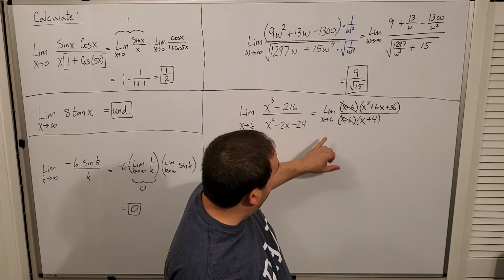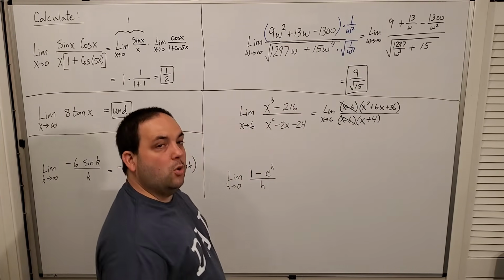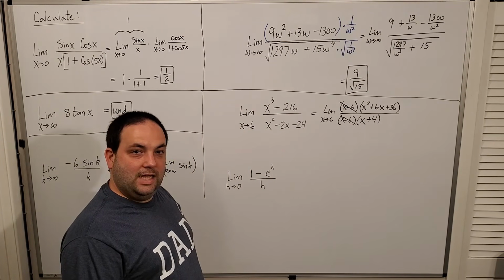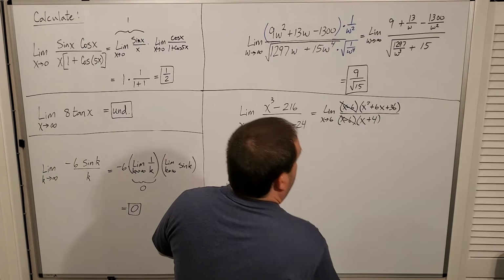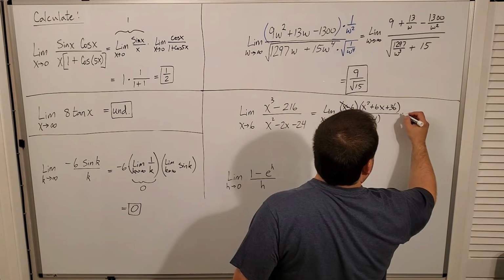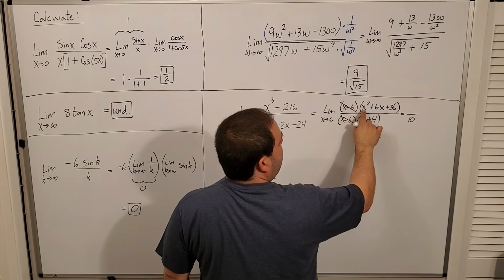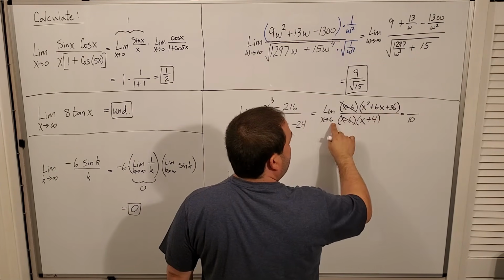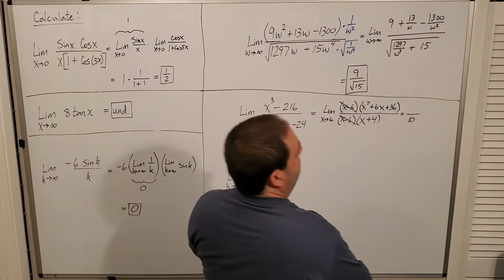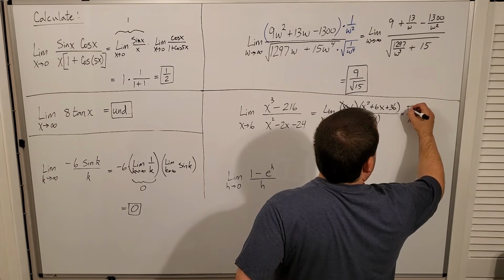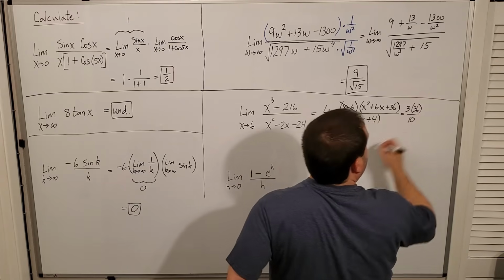So with that out of the way, the rest should be okay to plug in my 6. So the denominator is going to be 10. You can see that right away. The numerator is 36 plus 36 plus 36, right? So 3 times 36.